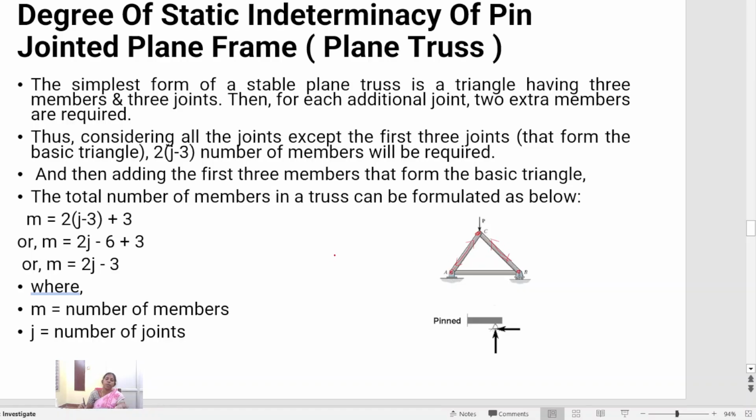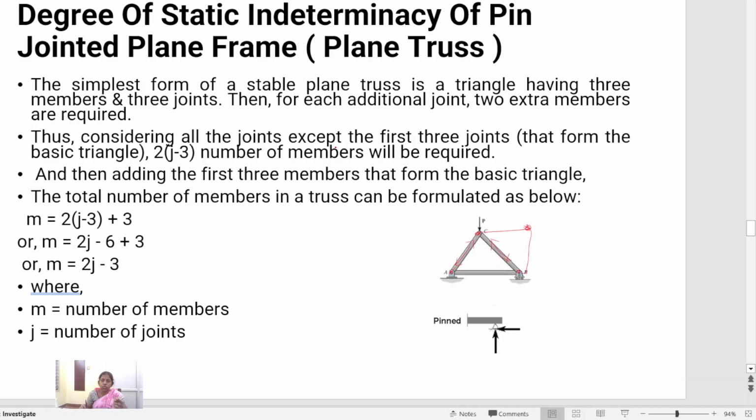The simplest form of a stable plane truss is a triangle having 3 members and 3 joints. Very simplest form, comprising 3 members. Then for each additional joint, we require 2 additional members.